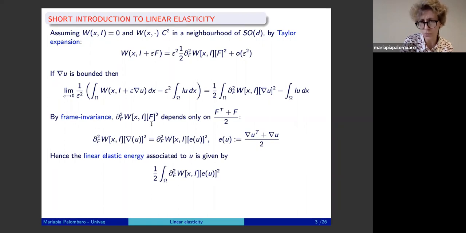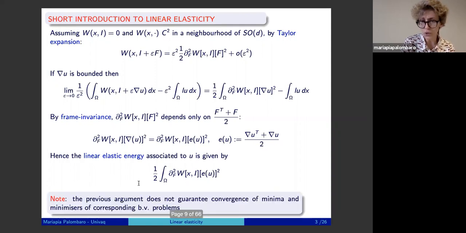By frame invariance, one can see that this functional only depends on the symmetric part of the gradient. So the linear elastic energy associated with the displacement u is given by this quadratic functional that we all know, right? However, this is just a formal computation.